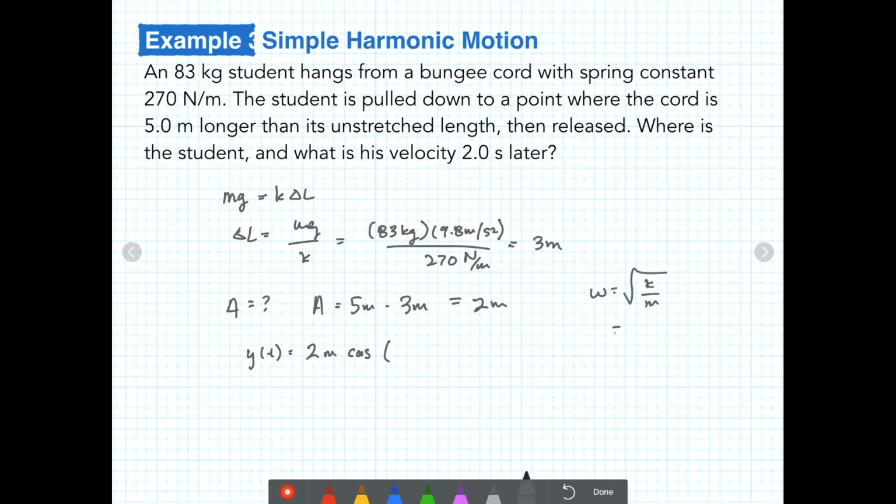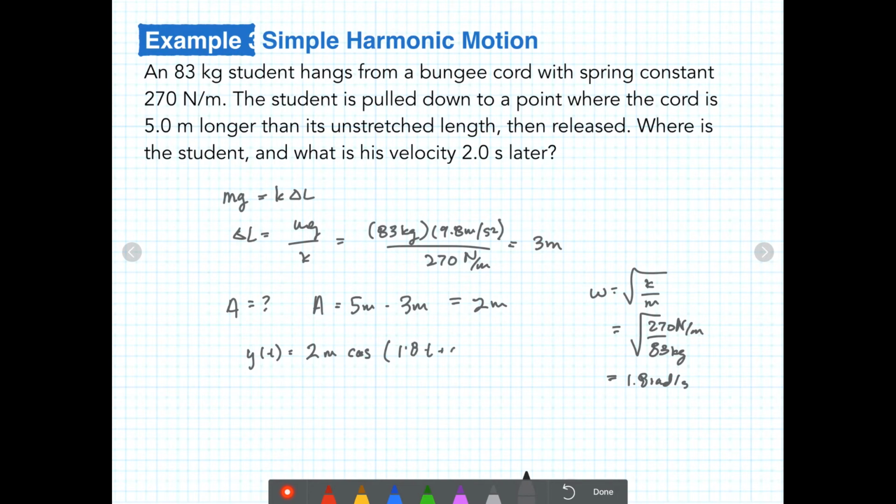We know k and m: k is 270 newtons per meter, m is 83 kilograms. This is going to give us 1.8 radians per second.